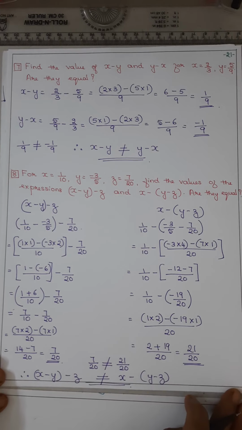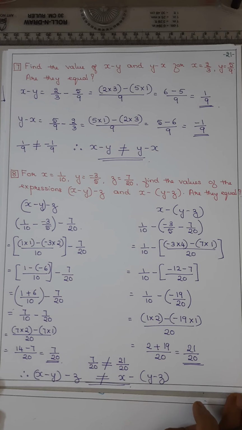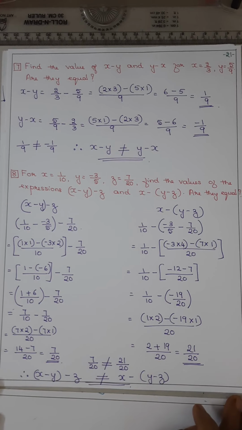The associative property does not apply for subtraction of rational numbers. So we have completed worksheet 2. Hope everyone understood this method, the subtraction, isn't it? Bye. Thank you.